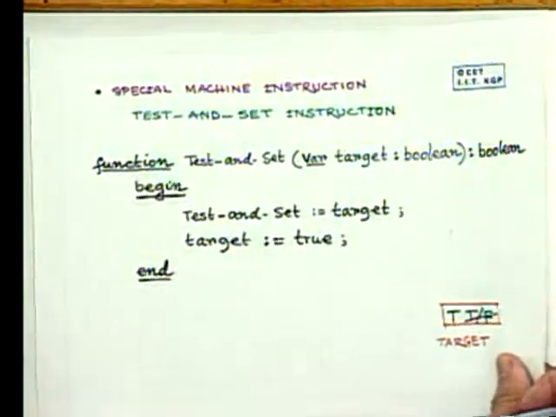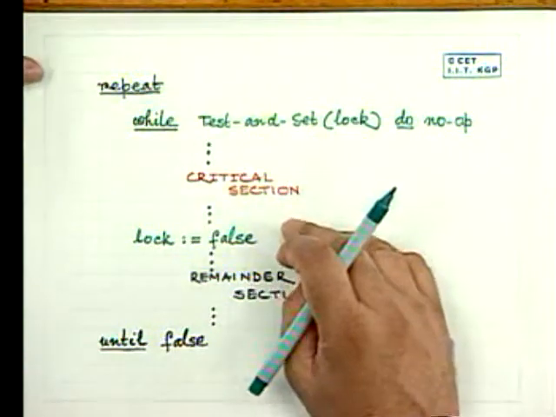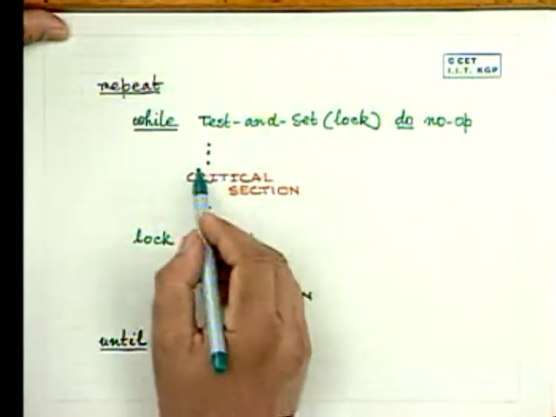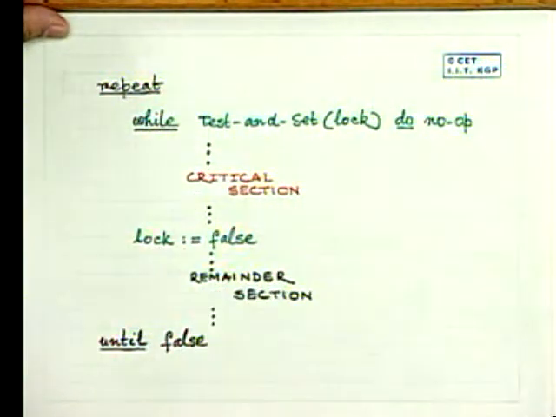Let us see how this test and set instruction helps in realizing the critical section. Here, let's say this is a critical section shown in red.